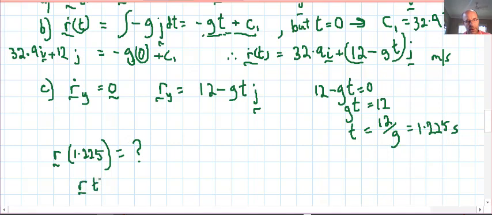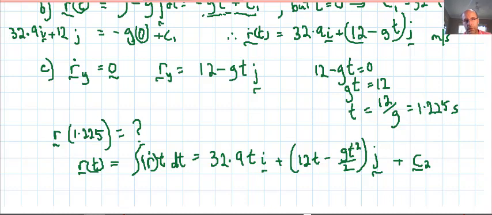So to get r of t, we have to take the integral of the velocity. We get that, like we've seen previously. Now at the initial position, which is the origin, this one's straightforward in that regard.